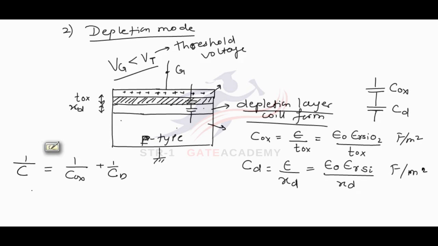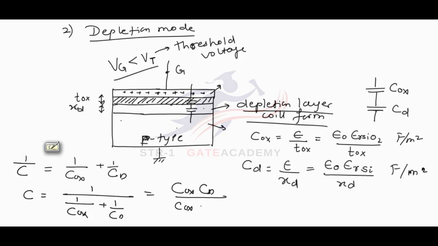So total capacitance C will be equal to 1 upon C oxide plus 1 upon CD. It can also be written as C oxide into CD upon C oxide plus CD. This will be the total capacitance in depletion mode.